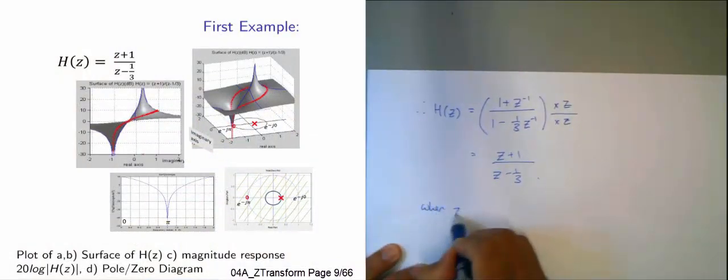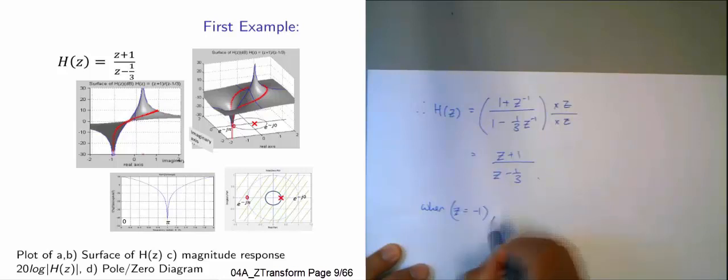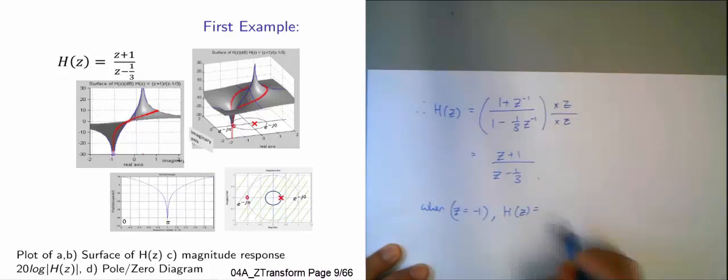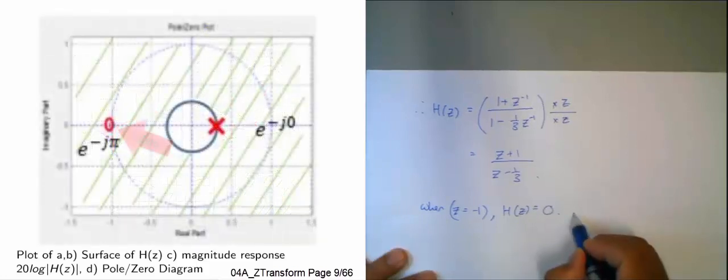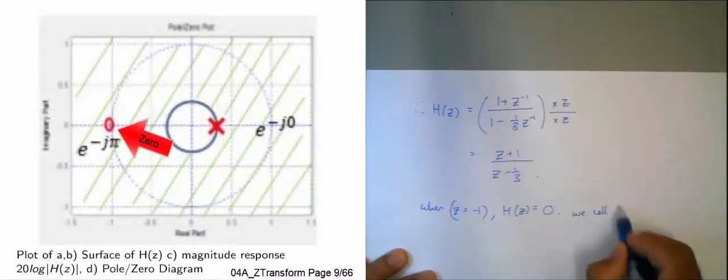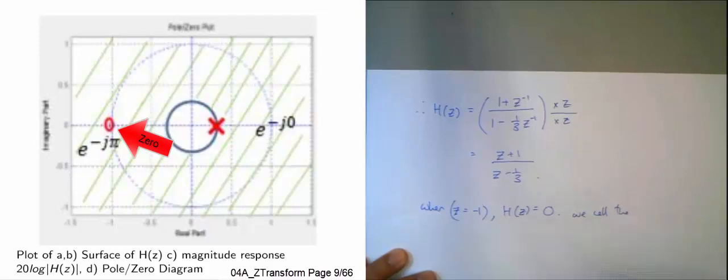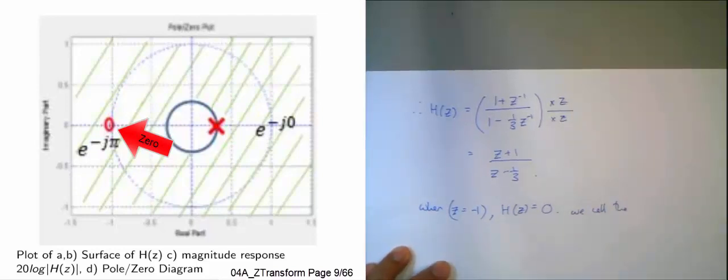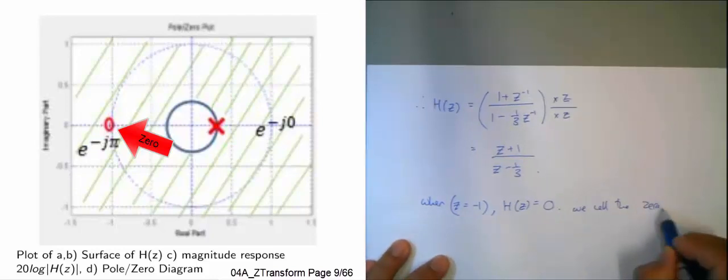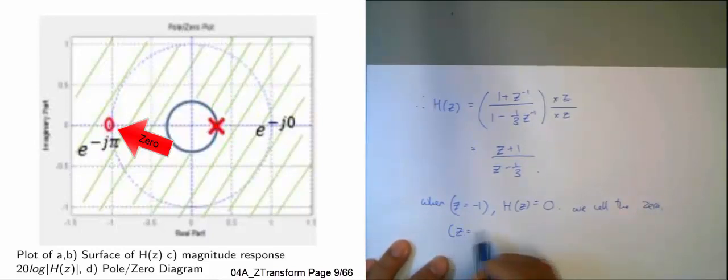When z equals negative 1, what happens to H of z? H of z becomes 0. So we call z equals minus 1 a zero. When z equals plus 1/3, what happens?